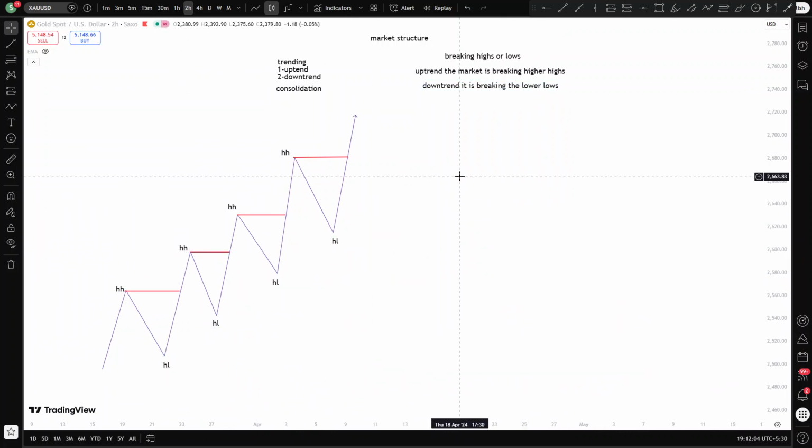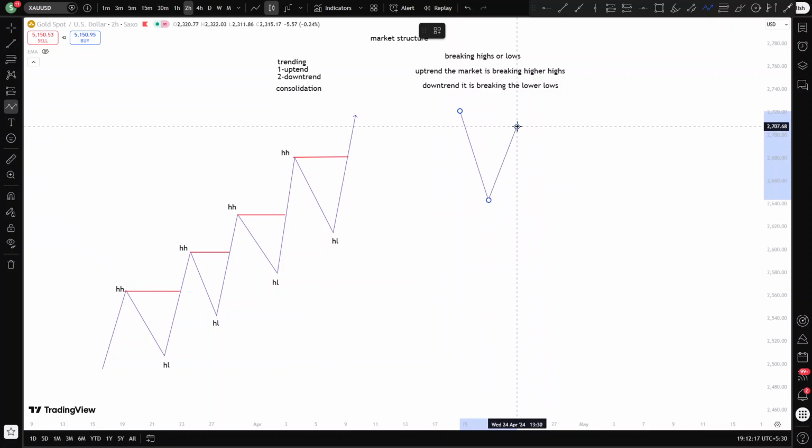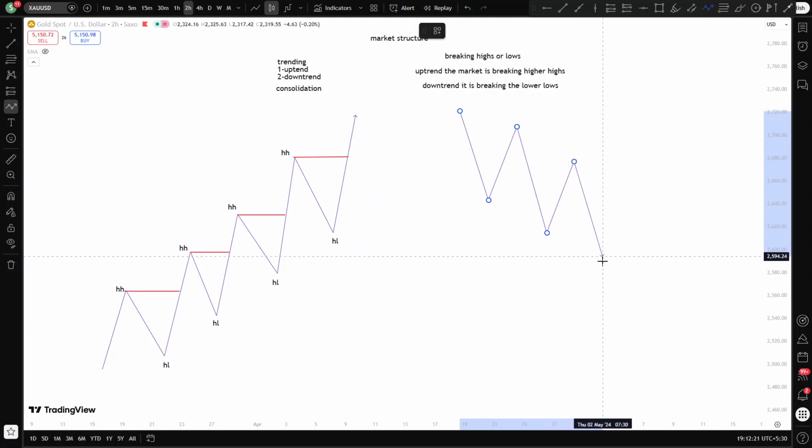Right, so let's go to the next part where we are going to be talking about the downtrend. When the market is in the downtrend, what does the market do? It is breaking the lower low. This is what the market is doing.